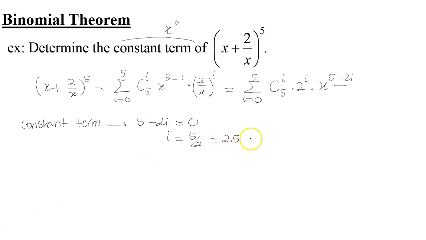However, 2.5 is not a natural number, because we know that I is a natural number. So 2.5 not being a natural number means that this expansion does not have a constant term. So we deduce that there is no constant term in the expansion.